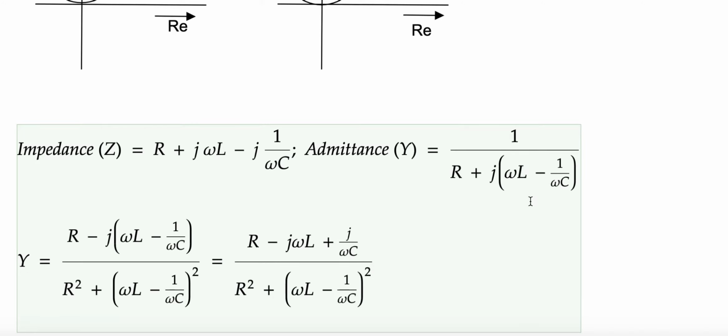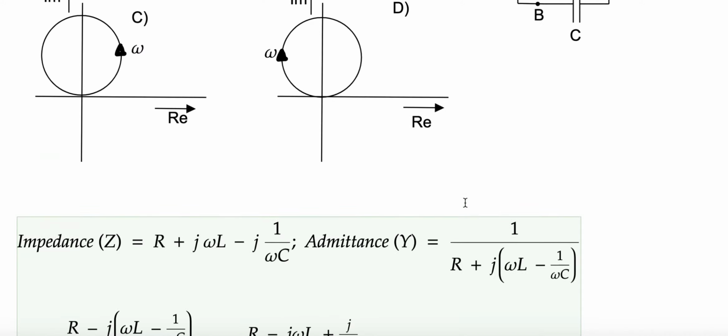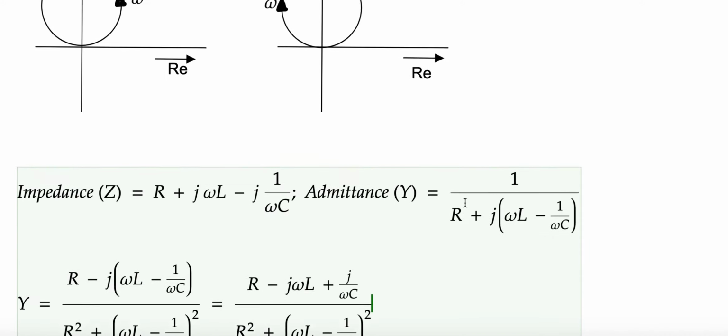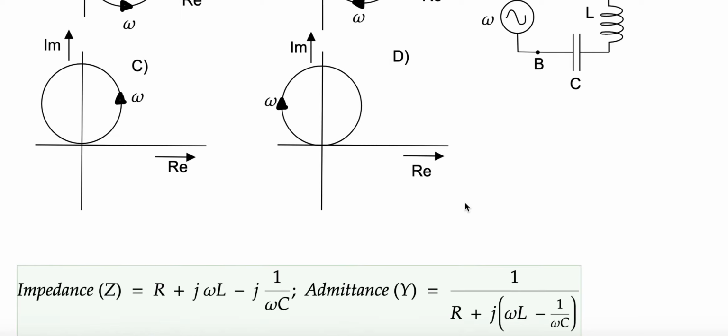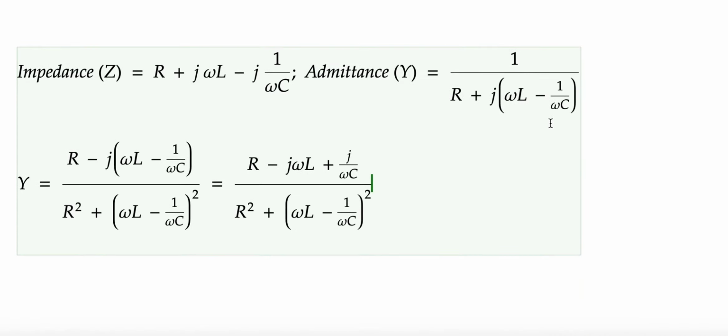In between, when omega is small, at one point both will become equal. Omega L becomes equal to 1 by omega C, and at that time the admittance becomes real, 1 by R. That is the resonant frequency.